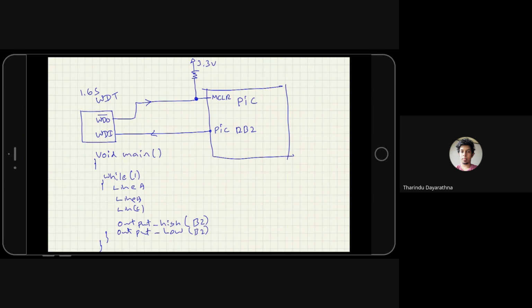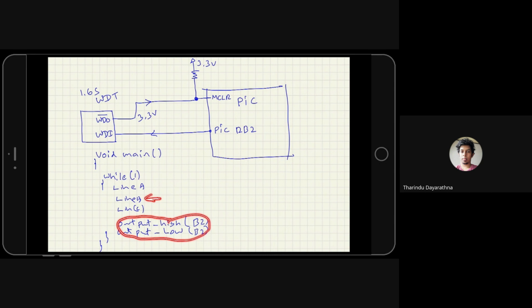Again, in a similar way, this will run, this will run, this will run. It will come here. If you toggle the RB2 line, the watchdog timer will do nothing. So the watchdog timer will keep outputting 3.3 volts, so you can see this place is still high. If this one gets stuck somewhere, these two codes will not run.